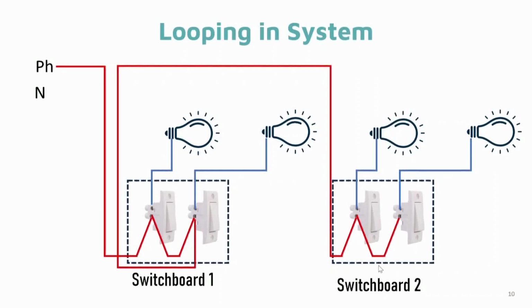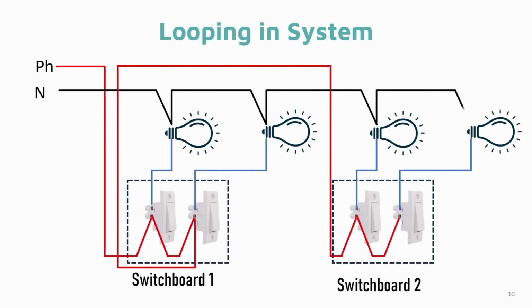To minimize the length of cable, this load is typically the nearest one to the distribution board. From the first load, the neutral connection is extended to the next nearest load. This process is repeated until all the loads receive a neutral connection.